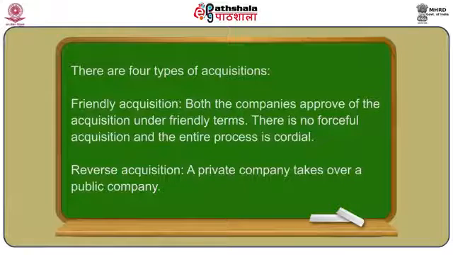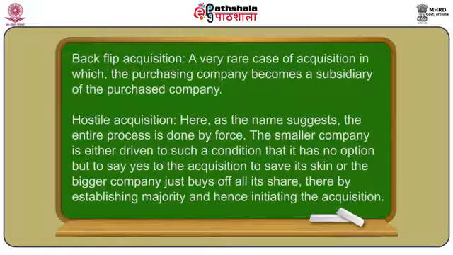Types of acquisitions. There are four types of acquisitions, namely friendly acquisition, where both the companies approve the acquisition under friendly terms. Reverse acquisition, where a private company takes over a public company. A backflip acquisition, which very rarely happens, where the purchasing company becomes a subsidiary of the purchased company.